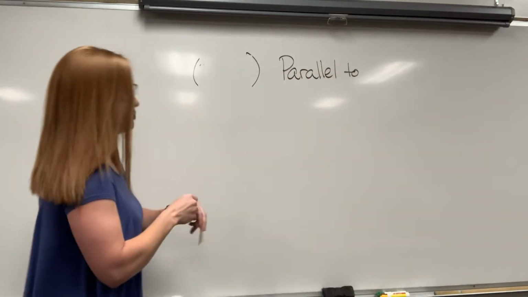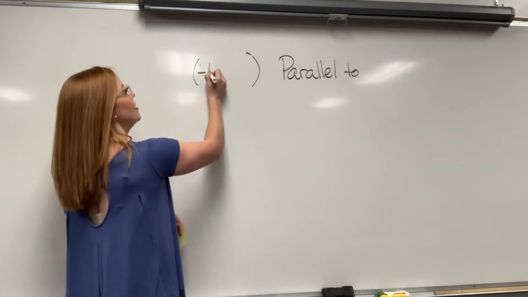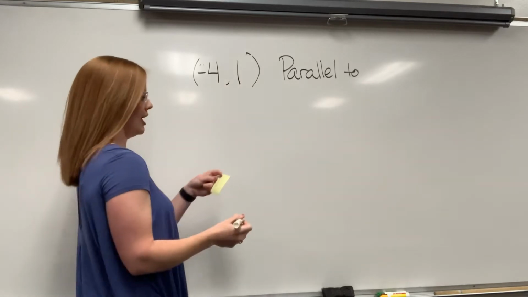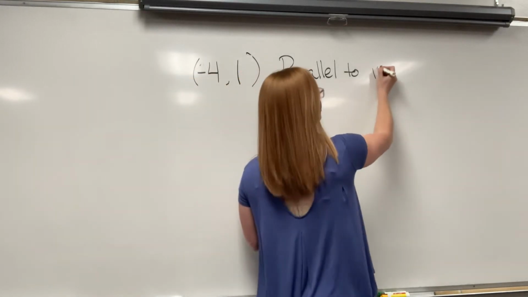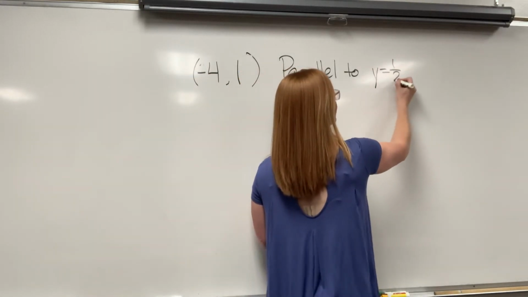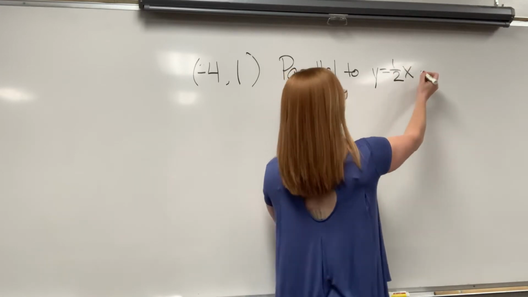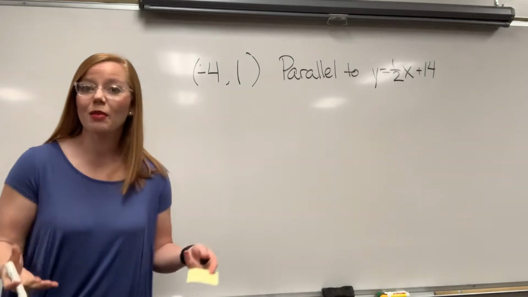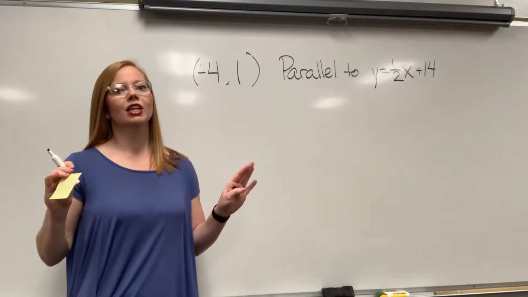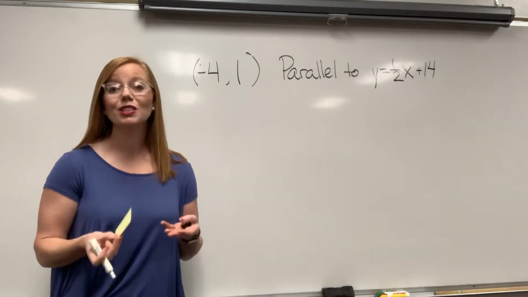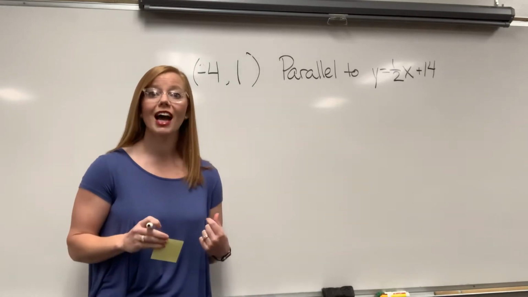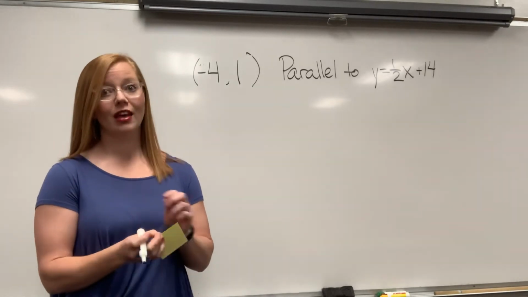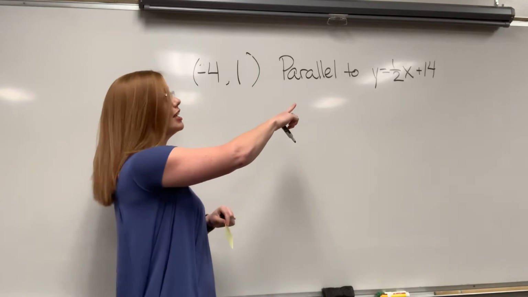So in our second example, let's say that we have the point (-4, 1), and we want it parallel to y = 1/2 x + 14. Some of you might have already panicked because you're like, whoa, 14 is a big number. But guys, we don't even need it. All we're talking about today is parallel lines, and parallel lines have the same slope. So all we need from this line over here is its slope.